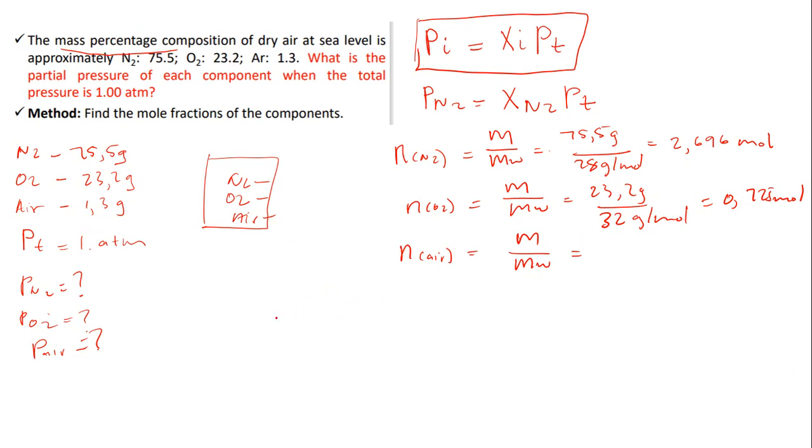you're going to just say the average molar weight of air is equal to the mole fraction of oxygen gas multiplied by the molar weight of oxygen gas, plus the mole fraction of nitrogen gas multiplied by the molar weight of nitrogen gas. We use the mole fraction, not the mass fraction, okay?